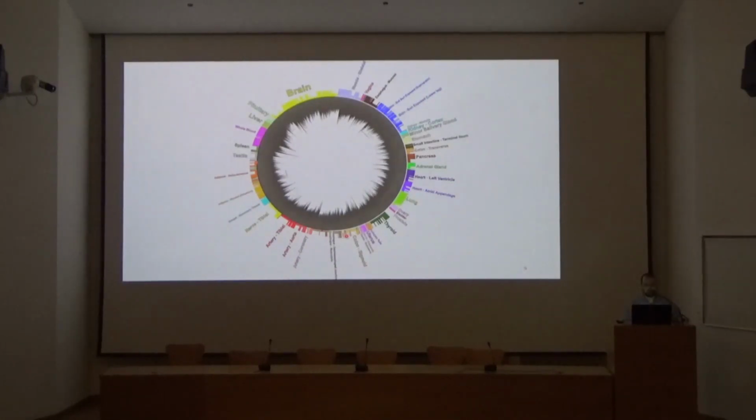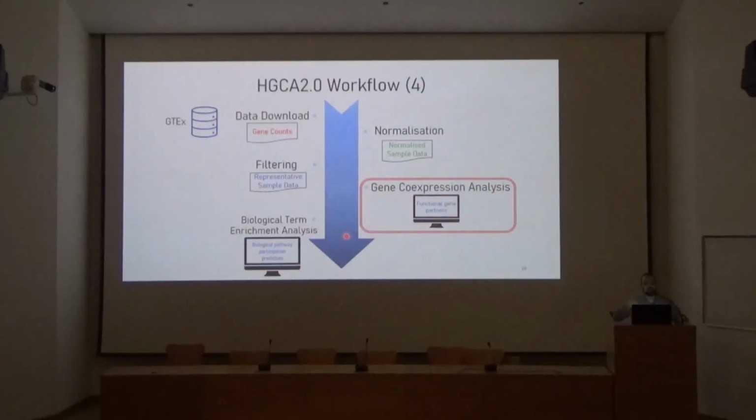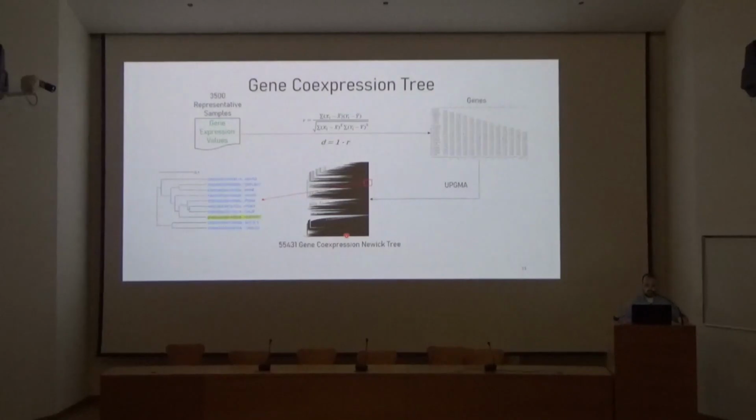So, after we have our representative 3,500 samples, it's time to perform the actual gene co-expression analysis. This step isn't that much different from what we described when we performed the pairwise correlations between each sample. Now the only difference is that we have the expression values corresponding only to the 3,500 samples that were kept. We also use the Pearson correlation coefficient, but this time only between the genes.